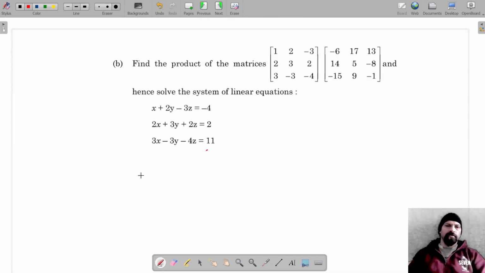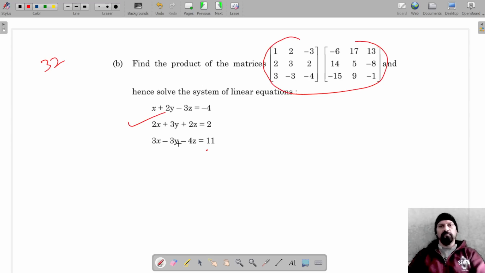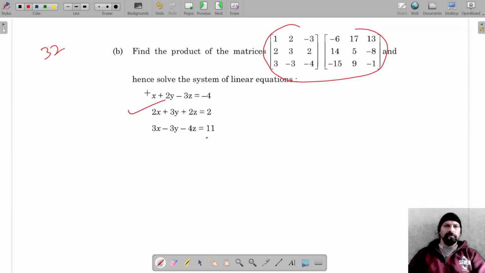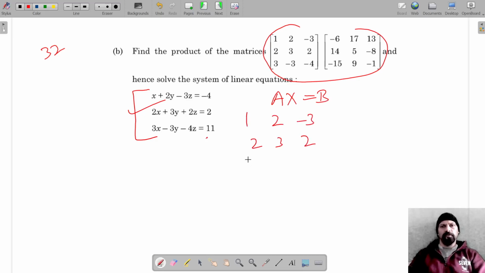Okay, for question number 32, part B, we have to find the product of the matrices, and hence use this to solve the following system of linear equations. If we write this system of equations in the matrix form, it will be AX equal to B, and the A matrix is 1, 2, negative 3, 2, 3, 2, 3, negative 3, and negative 4.